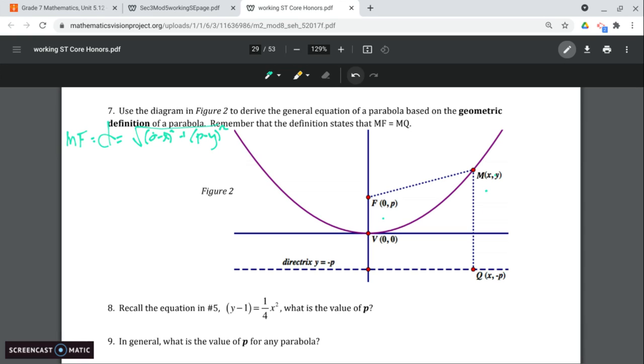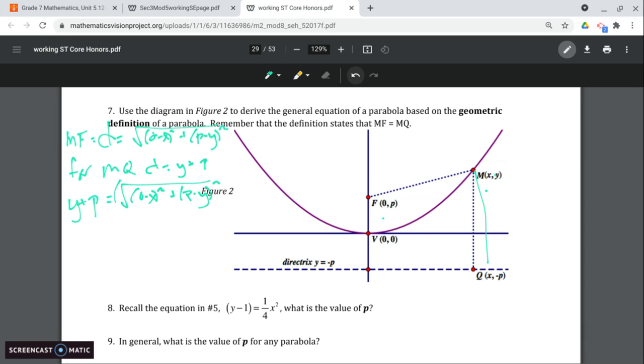Then for MQ, we have that the distance equals y plus p, because obviously we're going from here to here, so we're just combining our y values that are on the same x value. Therefore, we can set y plus p equal to the square root of 0 minus x squared plus p minus y squared.